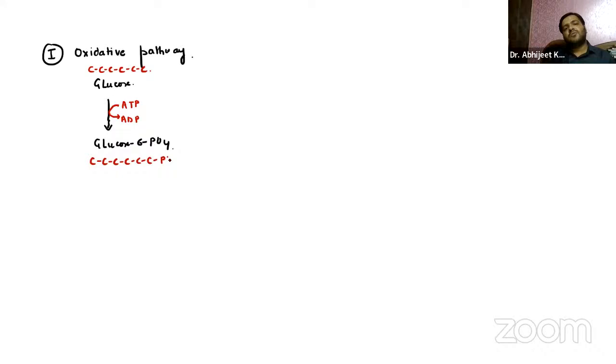Now, you already know we have glucose. Glucose will be changing into glucose 6-phosphate. I don't even need to tell you which enzyme will be used over here. Yes, ATP will be converting into ADP. We have 6 carbons in the glucose, and glucose 6-phosphate means the phosphate group will be added to the 6th carbon, right?